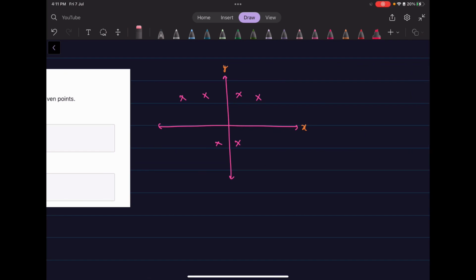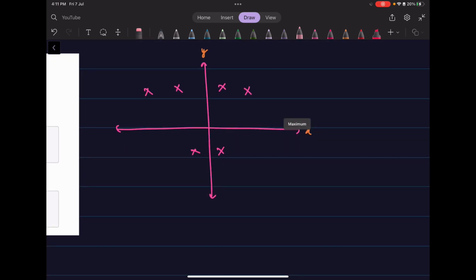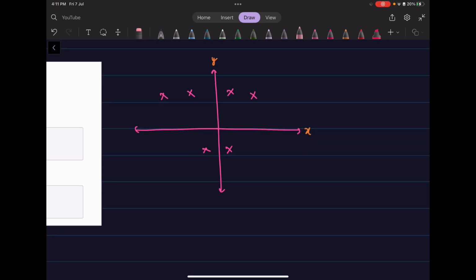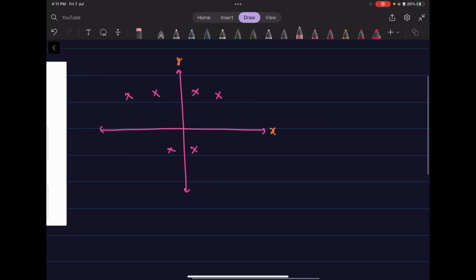So one thing before beginning: there is one concept that is important to understand before we begin the solution of this problem. Any line parallel to the y-axis would have an equation x equal to some constant.